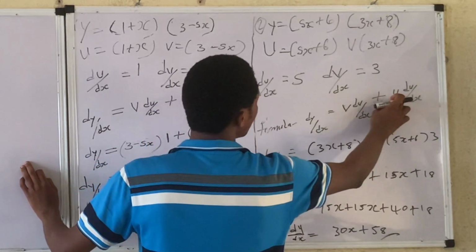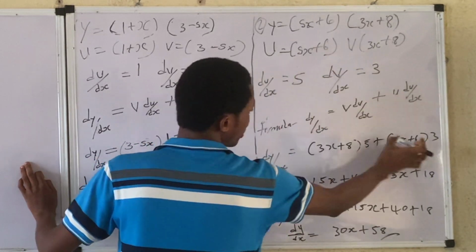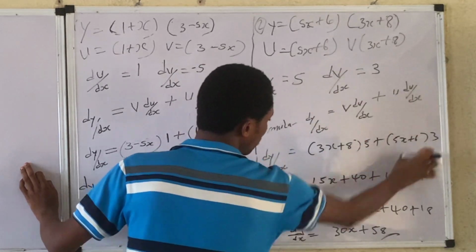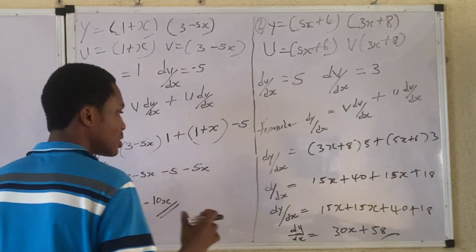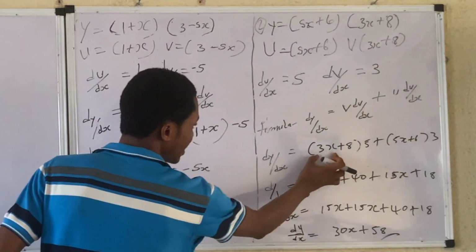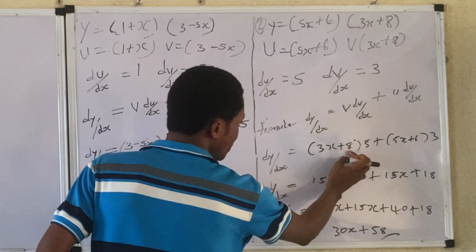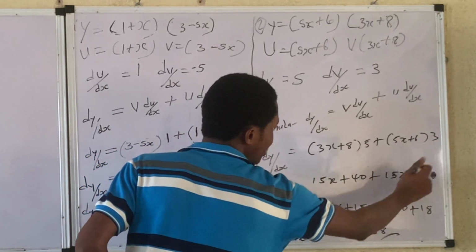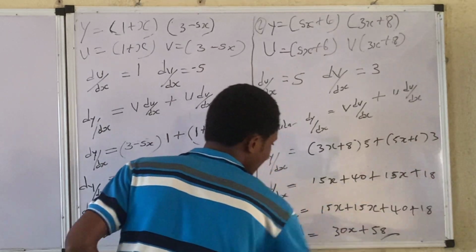Plus, where is your u? This one is your u, bring your u here. Where is your dv/dx? Your dv/dx, which is 3, put it here. You see? That is it. Now, dy/dx equals 5 times 3x gives you 15x, 5 times 8 gives you 40, plus 3 times 5x gives you 15x, 3 times 6 gives you 18.